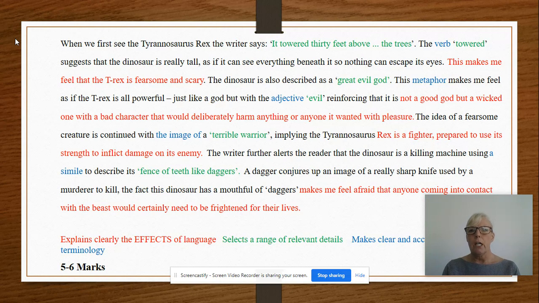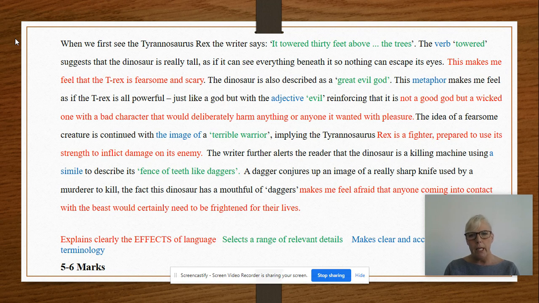The writer further alerts the reader that the dinosaur is a killing machine, using a simile to describe its fence of teeth-like daggers. So again, we've got really relevant details and we've got a really clear point. We've got a clear and accurate use of subject terminology, all completely correct. And we've got the effect of that. A dagger conjures up an image of a really sharp knife used by a murderer to kill.